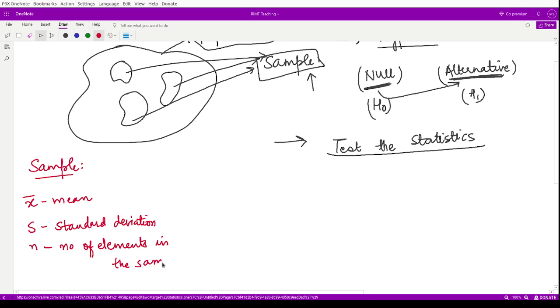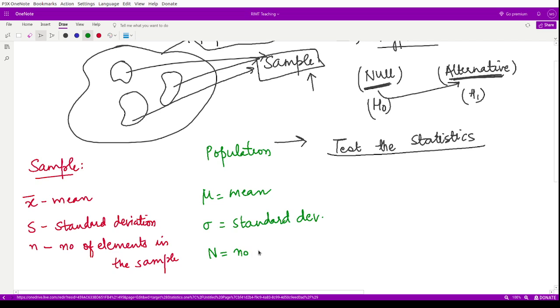For the population, we have mu, which represents the mean of the population, sigma, the standard deviation of the population, and capital N, the number of elements or objects present in the population.